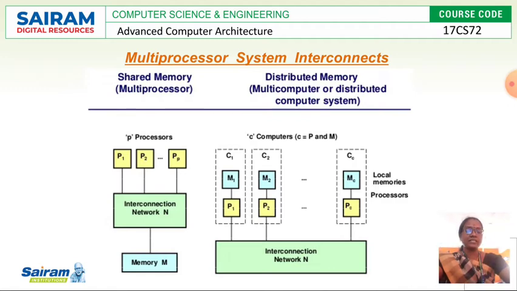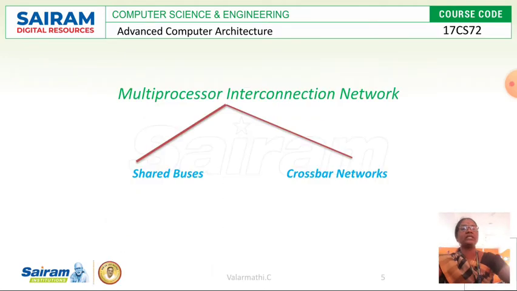It consists of a locally connected memory for each processor. Here also n processors are connected, but each processor has its own dedicated local memory. Instead of a global shared memory, one dedicated local memory is assigned to each processor. This is another variation of the multiprocessor system. I hope you understand.